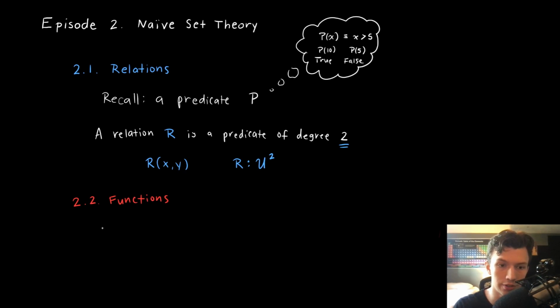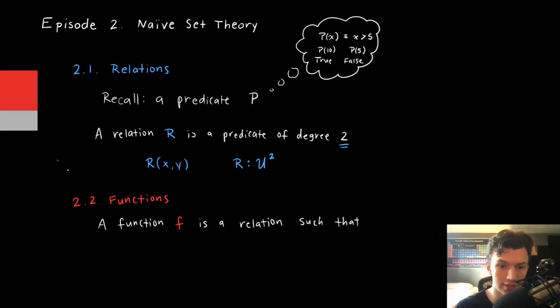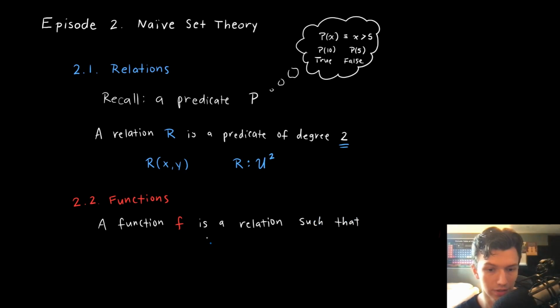And a function f is a relation, so a predicate of degree 2, that satisfies this axiom that I'm going to put down, okay?